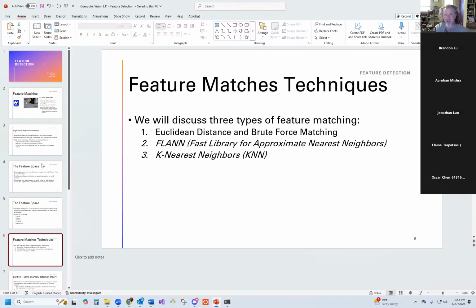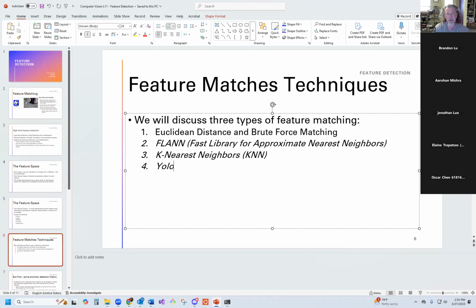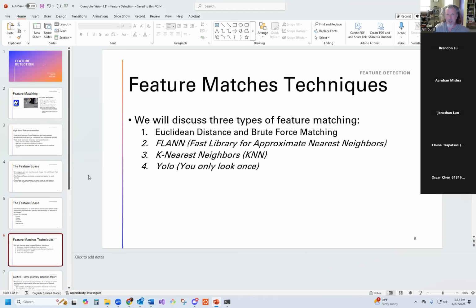Also, it's not on here, I should add it, but we'll talk about YOLO, the you only look once feature extractor, which is fast, but as the name implies, when you're only looking through the image once, it can not always be the best. But I'm going to add that on because I do want to talk about it. I actually used that in some studies I did a while back when I still had a grown-up engineering job, and it was a pretty interesting algorithm.